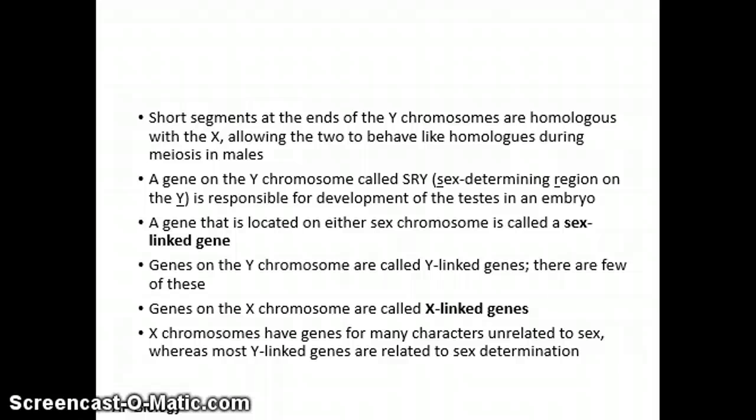But X chromosomes, as you saw, are much larger, and so they have genes for many more characters that are not related to sex than the Y chromosome does. Most Y-linked genes, so genes that are located on the Y chromosome, are related to sex determination.